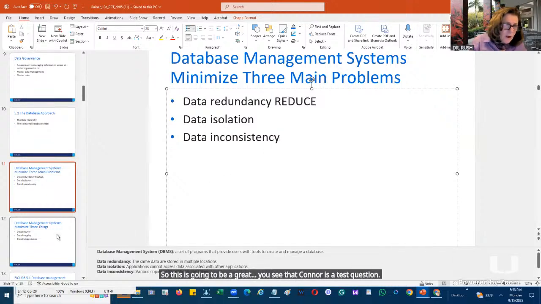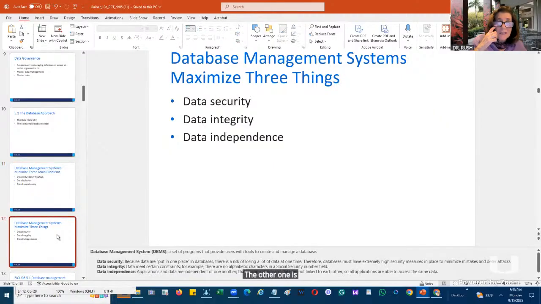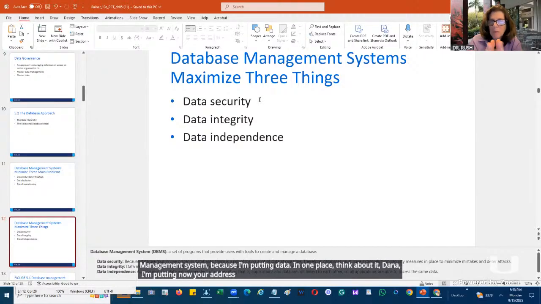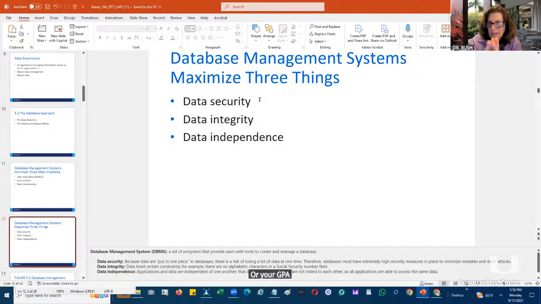The other one is what does it want to maximize? So Dana, if I think about what a database management system wants to maximize, because I'm putting data in one place, think about it, Dana, I'm putting your address in one place, or your GPA in one place, or your credit card, not 20 different times, only once.